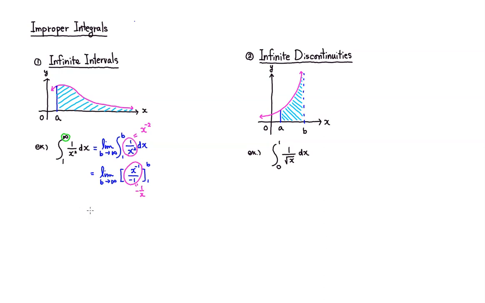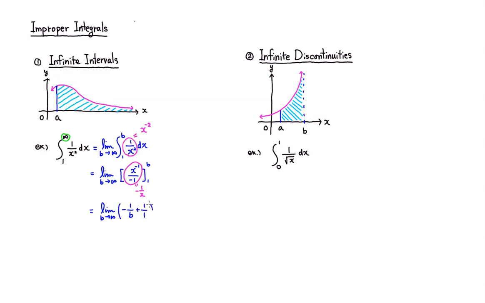If you plug in b, we're going to take care of the limit later, so I'll just put that in there. Plugging in b, it's going to be negative 1 over b, minus negative, so plus, plugging in 1, 1 over 1.